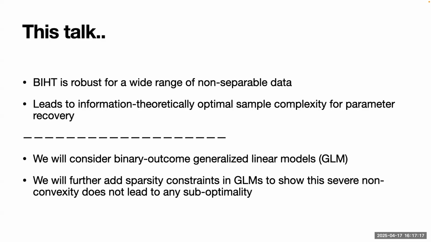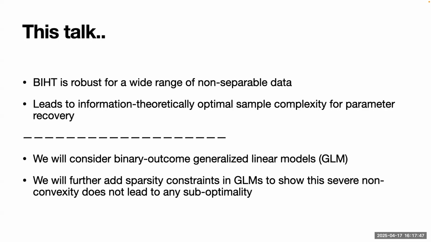We are going to consider the binary outcome generalized linear model, where the outcome is binary, plus or minus 1. We are going to further add sparsity constraints in the GLM to show that the severe non-convexity does not lead to any suboptimality. You still get this information theoretically optimal sample complexity.